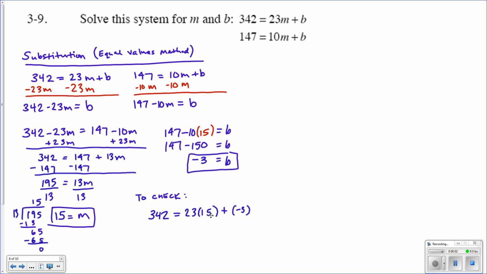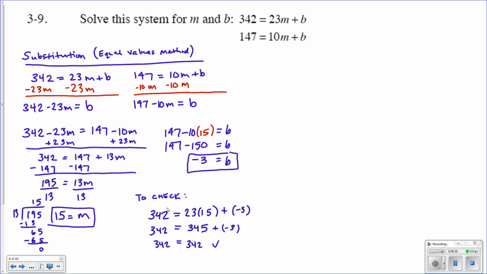Well, I know that 20 times 15 is going to be 300. And then 3 times 15 is 45. So that should be 345. And then we're going to add to that -3. And everything looks like it should be good. 342 equals 342. Check.